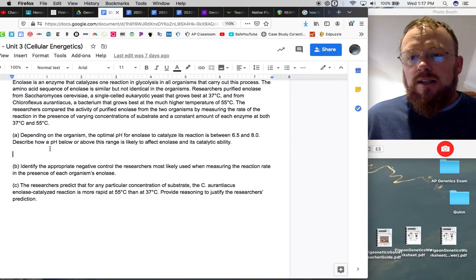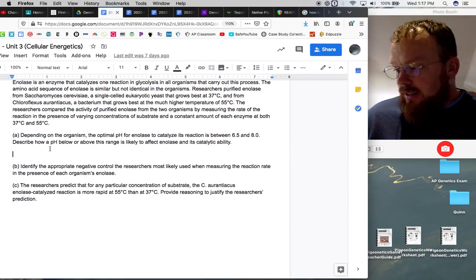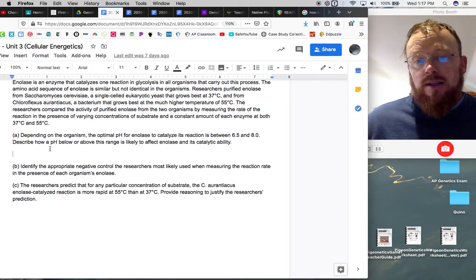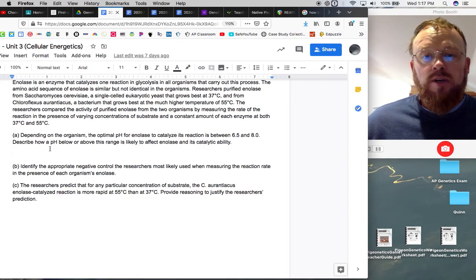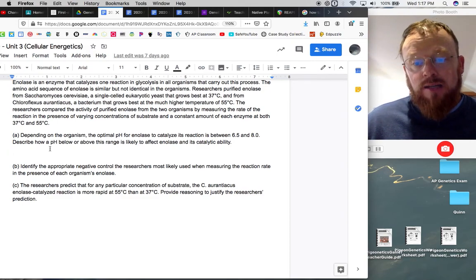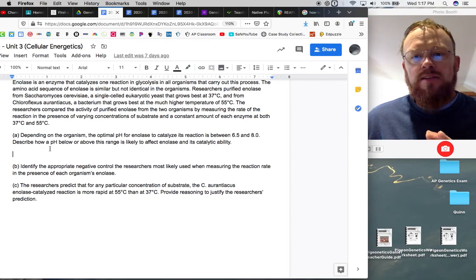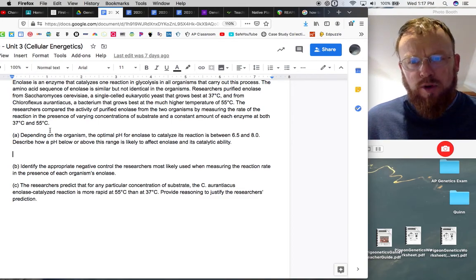So in this case, the negative control would be running this experiment in the absence of an enzyme. I know the enzyme isn't the independent variable here, but if you run this experiment in the absence of an enzyme, then you measure the same dependent variable, which in this case is some product of glycolysis.